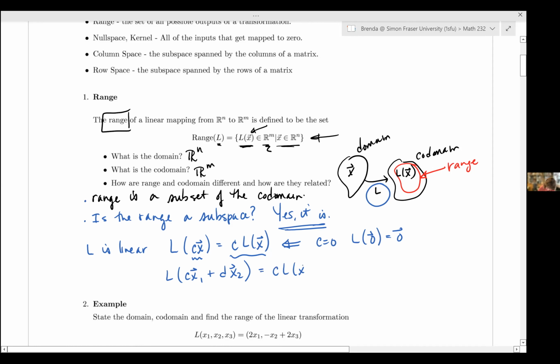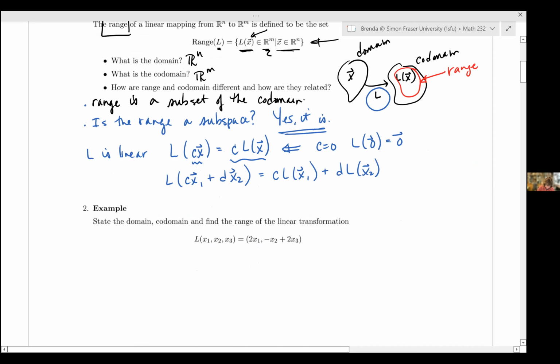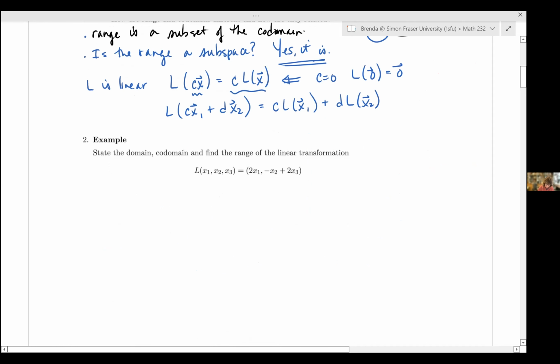We will get c L of x1 plus d L of x2. So yes, the range is a subspace. Now let's look at a specific linear transformation and identify the domain, the codomain, and then find the range. The domain and codomain are super easy. You just look at what vectors are we allowed?